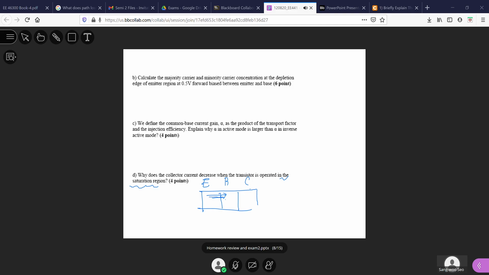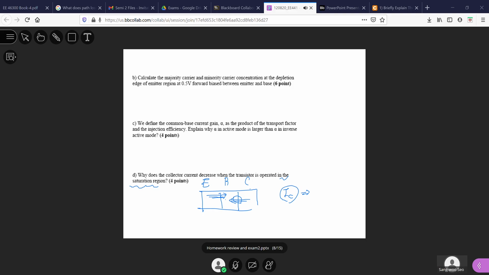And then in saturation, you also have forward bias at the collector, so the majority carrier current from the collector side is in the opposite direction. So when you look at the total, this collector current is actually decreased due to this opposite direction current from the collector and base. Okay? Okay, yeah, thank you.